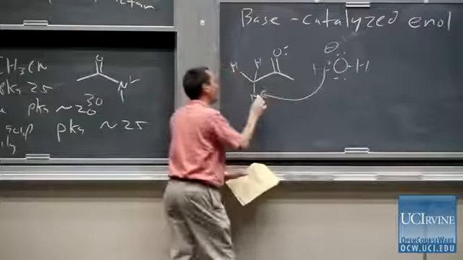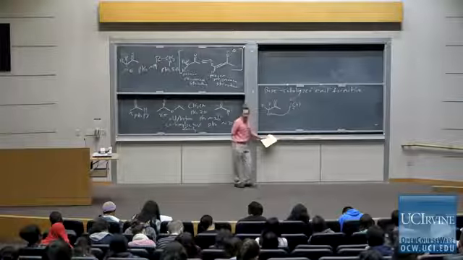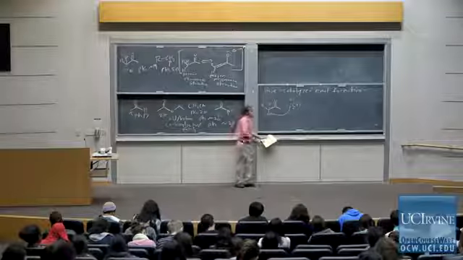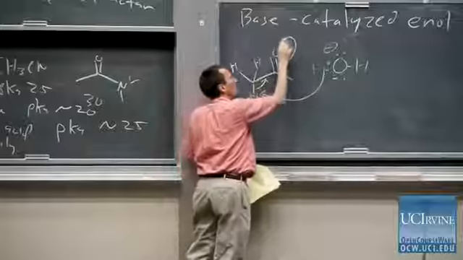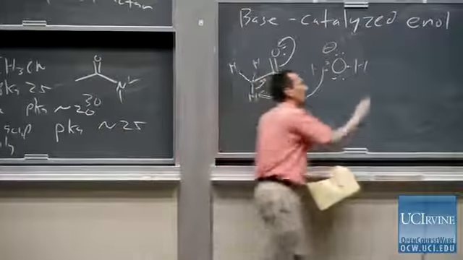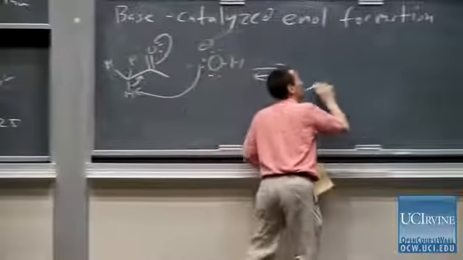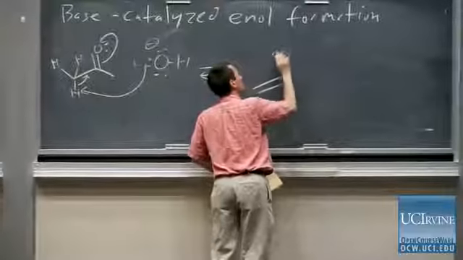We can pull off the alpha proton. The alpha proton is weakly acidic. Remember, pKa of 20 is the number you want to keep in your head. So we have an equilibrium here with the enolate.